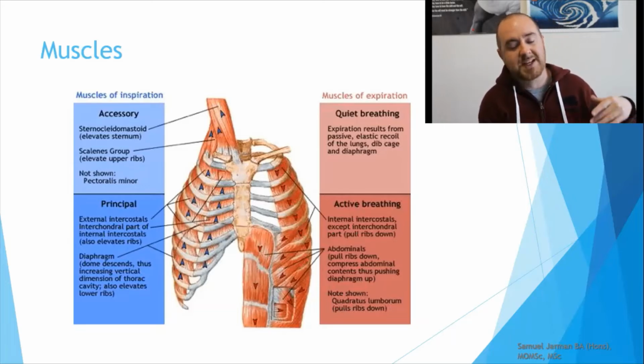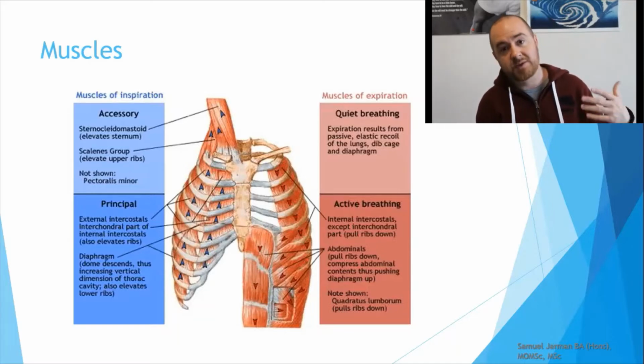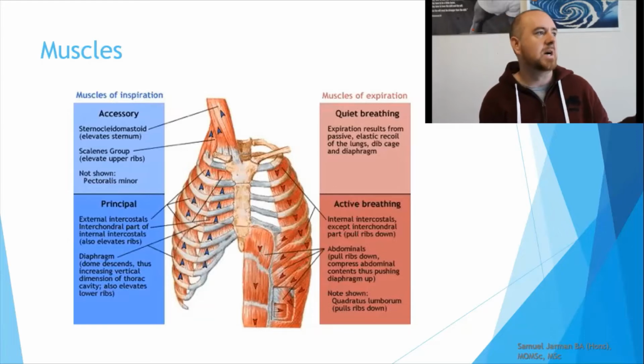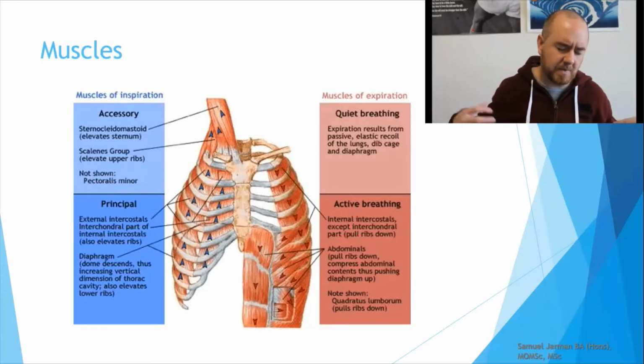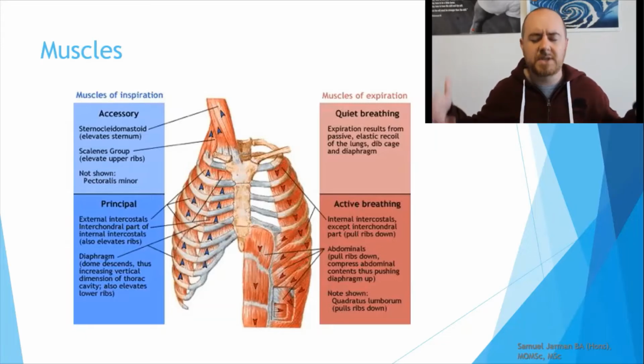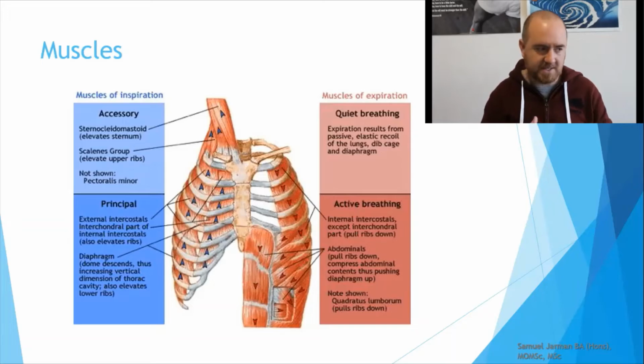Now, as far as active exhalation, it's internal intercostals, innermost intercostals, as well as the abdominal muscles. So the rectus abdominis, so rectus, internal, external oblique, and transverse abdominis, because they can pressurize the abdominal cavity. They can squeeze on the abdominal cavity. So what that's going to do is increase the pressure of the torso.